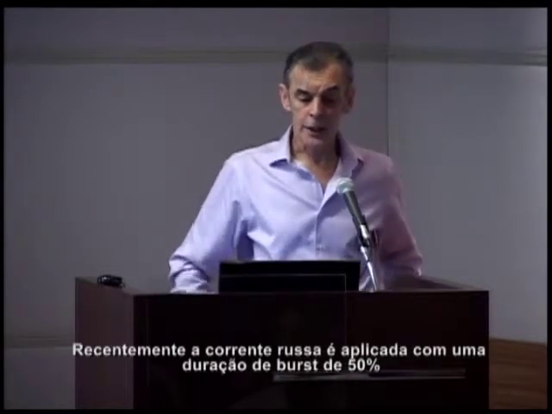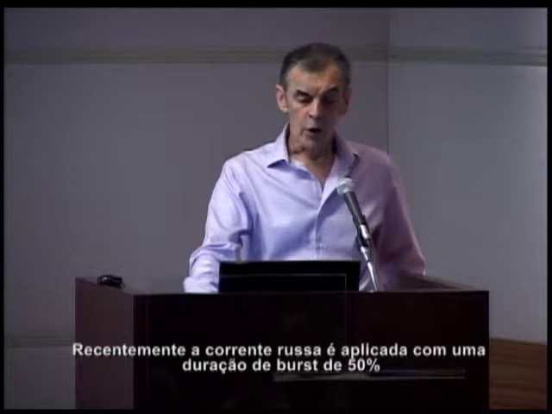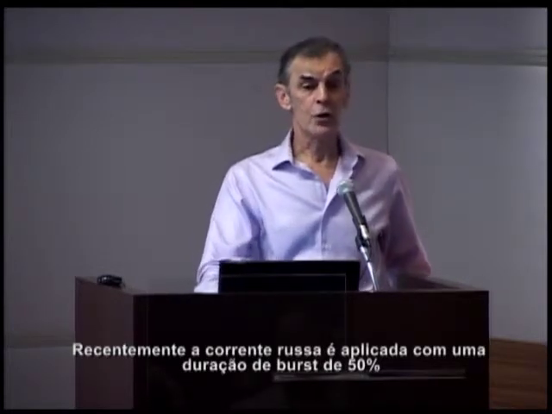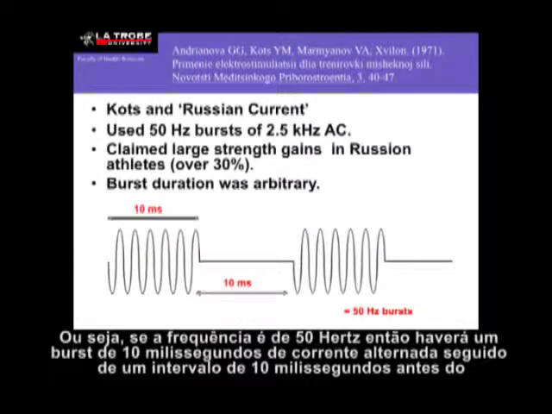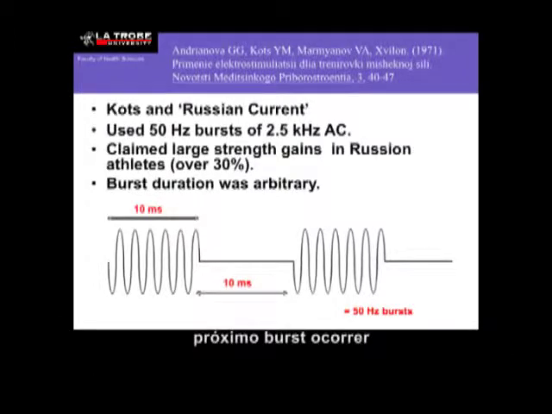Essentially, Russian currents are applied with a burst duration of 50%. That is, if the frequency is 50 hertz, then there'll be a 10 millisecond burst of alternating current, followed by a 10 millisecond gap before the next burst appeared.